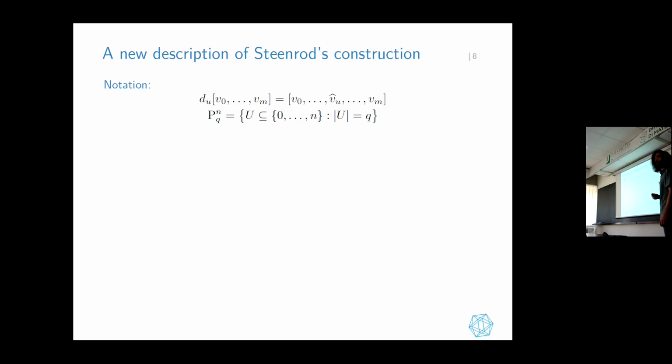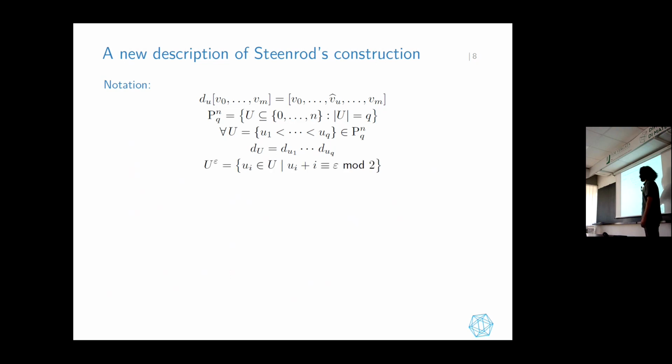It's a huge collection. Its size is n choose q. Now, for any element in here, we're going to take its elements and order them. There's no problem with doing that. And denote d sub the subset to be the composition of the face maps of the elements that this subset contains.